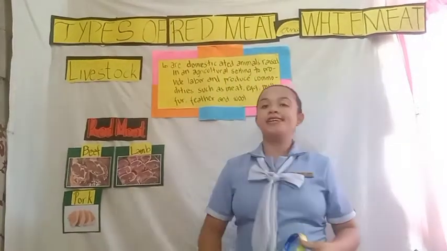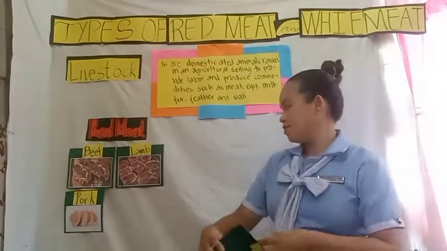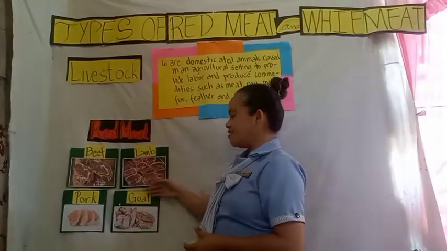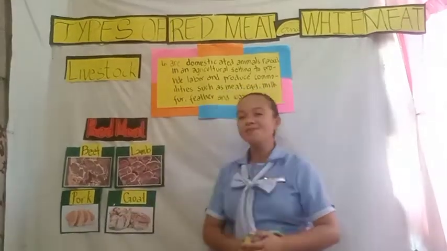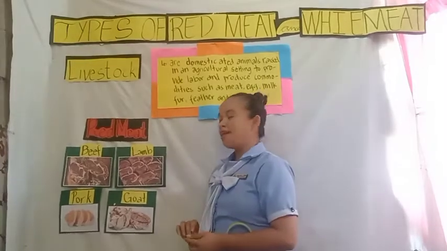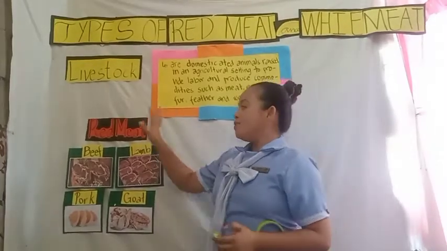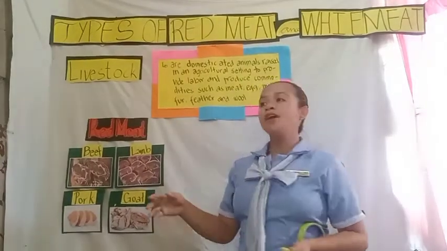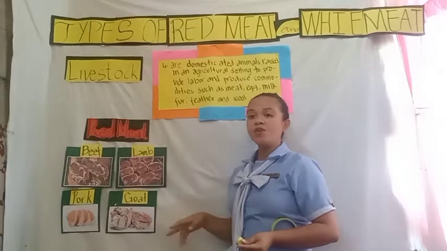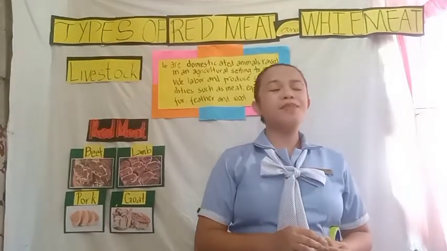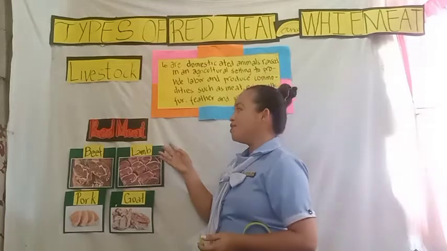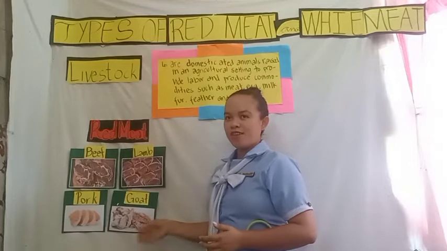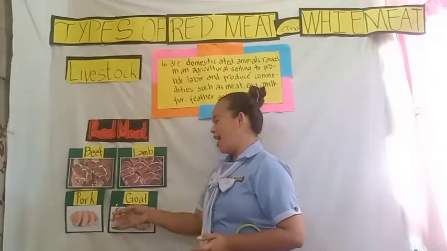So that is the goat, meaning the same as the other meats, the beef, the pork, and the lamb, the meat of the goat is color red, and that is the reason why it belongs to the category of red meat because of the color of the meat.